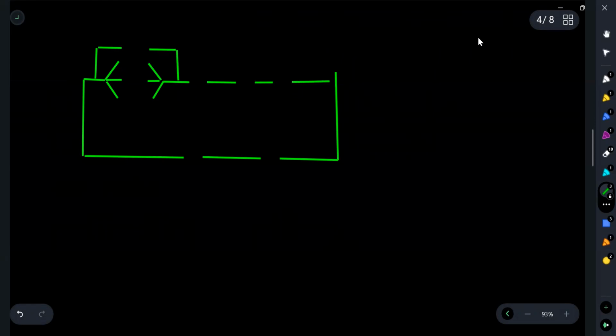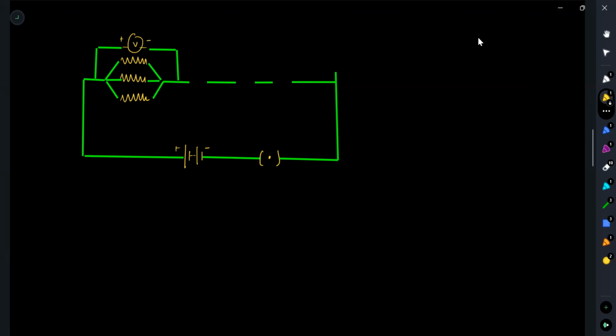So a battery, positive, negative, a key, switch on, then some resistors in parallel, a voltmeter, positive, negative. So we have, sorry, this would be negative. Yeah, positive, negative.